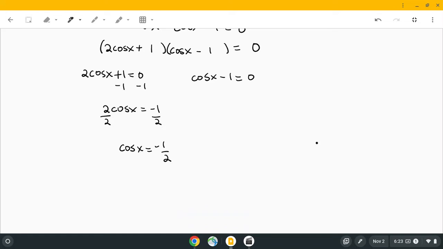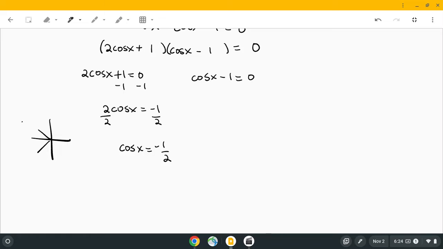-1/2. Okay, so cosine is negative in this quadrant and this quadrant. And it's, sorry, that's completely false. Cosine x is negative in this quadrant and this quadrant. Okay, and we know that cosine is 1/2 at pi over 3.